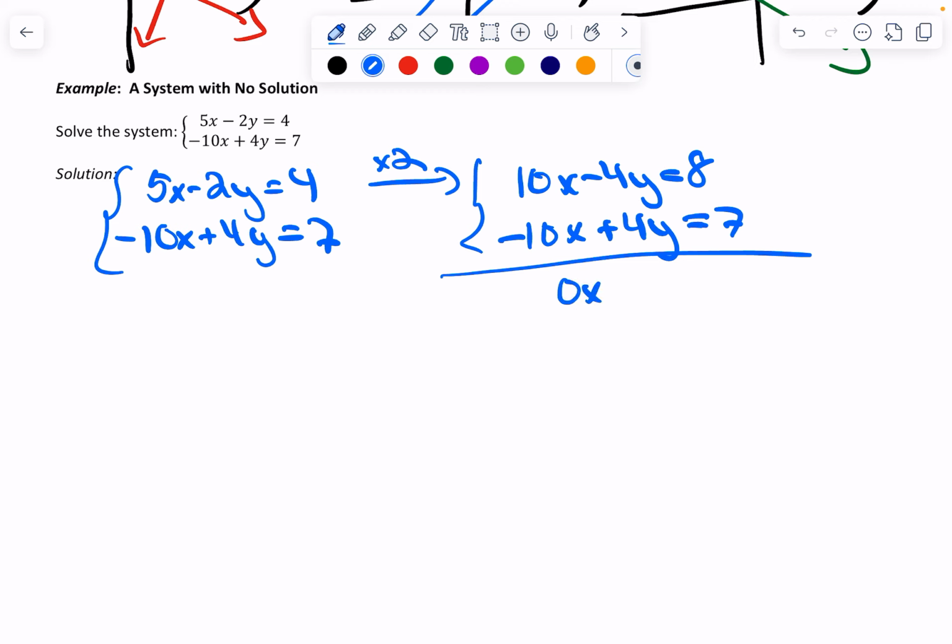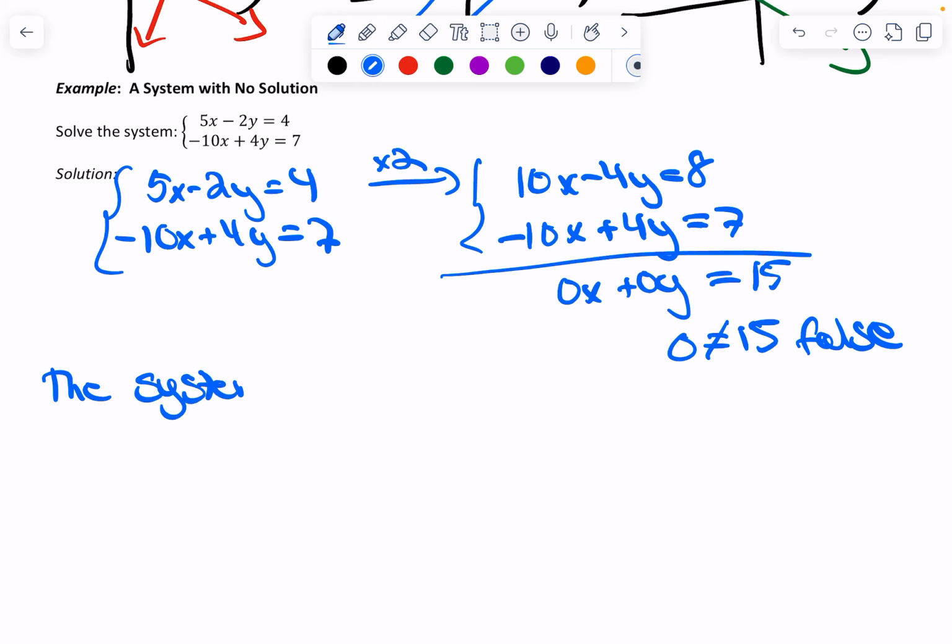Negative 4y plus 4y is 0y also. 8 plus 7 is 15. So we have 0 equals 15. Well, this is false. 0 does not equal 15, right? So what this means is that the system has no solution.